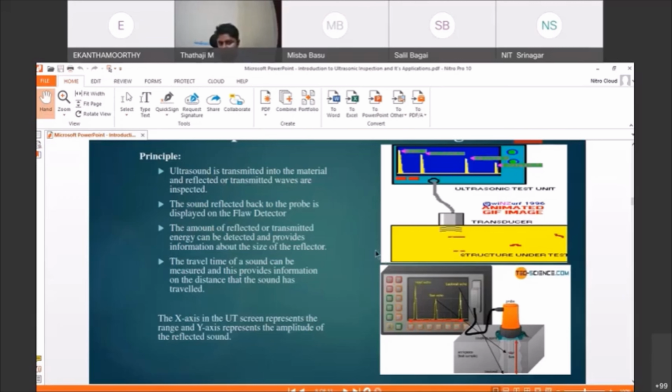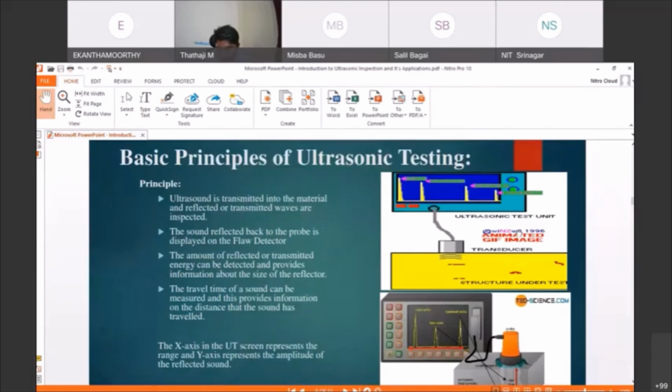Simply, the ultrasound is transmitted into the material through the probe, and when it reflects, the reflected waves are inspected. In a simple way, the amount of reflected or transmitted energy can be detected and provides information about the size of the reflector. On the screen, this one is the probe.